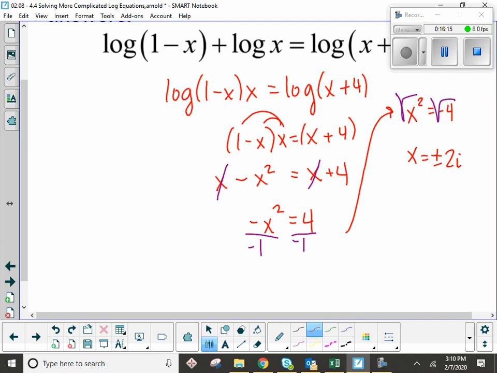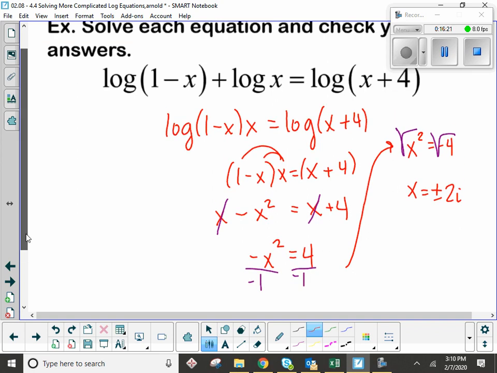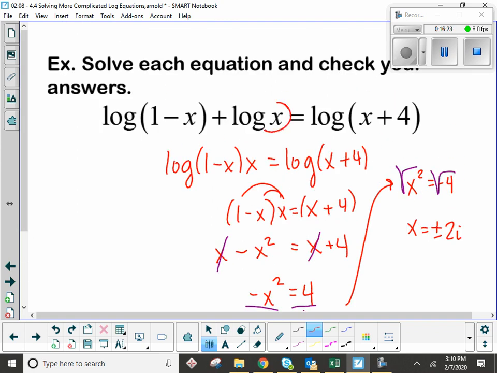But it's not a thing for logs, because if you take 2i and plug it back into the original problem, we don't take log of 2i, of imaginary numbers. Log is defined only in the real number system. Like, remember when we graphed it? There's no part of the domain that's imaginary number. This is only real numbers.